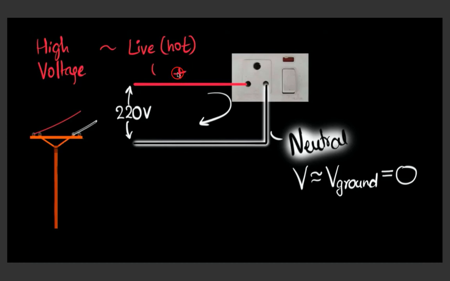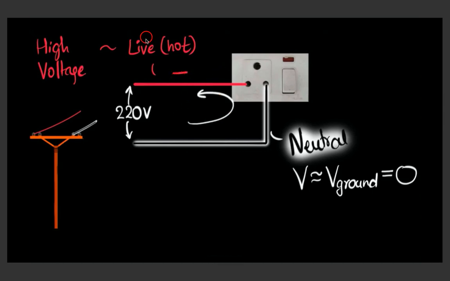If this live hot wire has a positive voltage at this instant, electricity is going to flow in this direction. Okay, it's going to flow in this direction because if this one's positive and we're treating the current as a flow of positive charges, as we do with conventional current, the current is going to flow away from this positive voltage wire. And so the electricity is flowing in this direction at this instant.